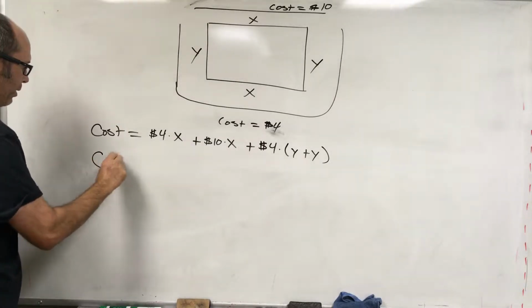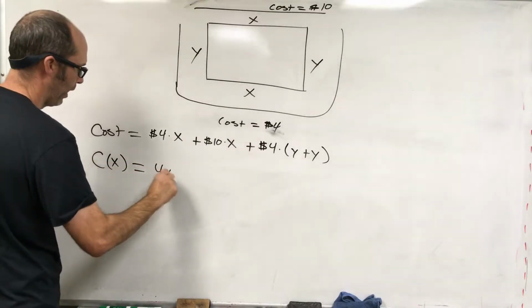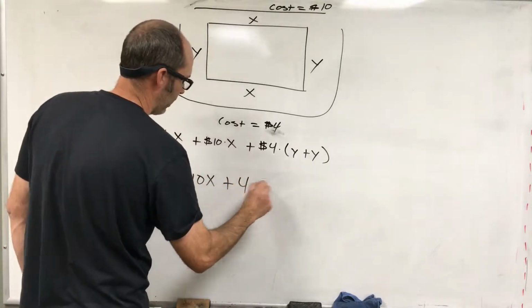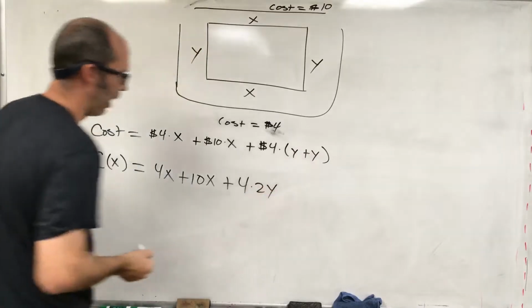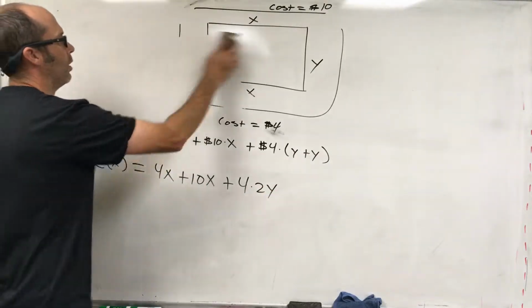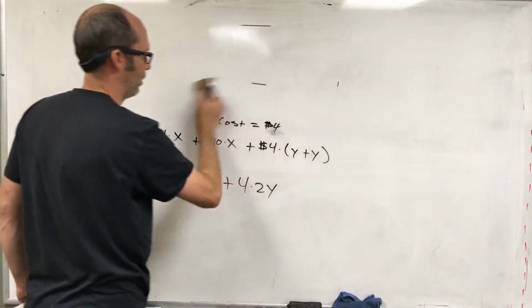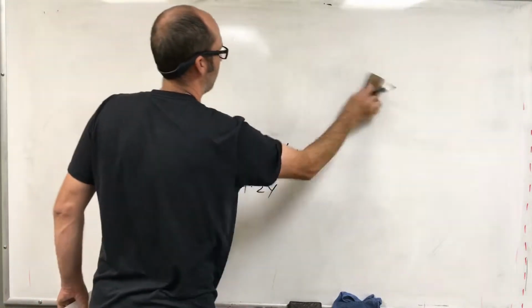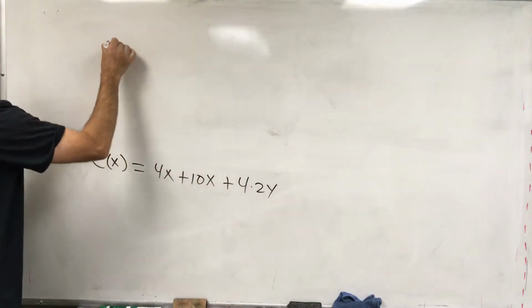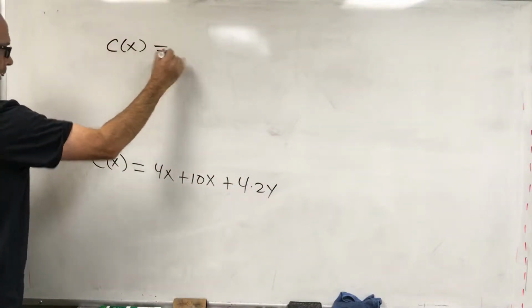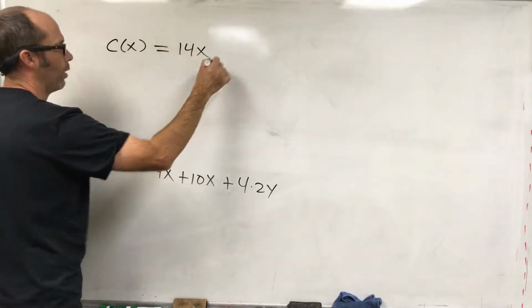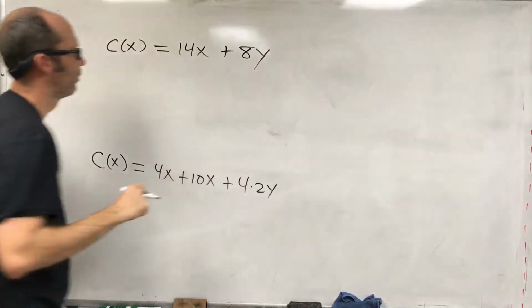So cost in terms of X is 4X plus 10X plus 4 times 2Y. So cost in terms of X, 4 plus 10, we got 14X plus 8Y.